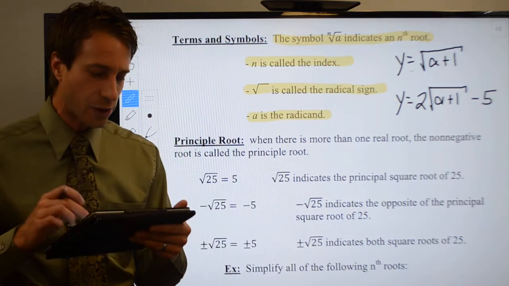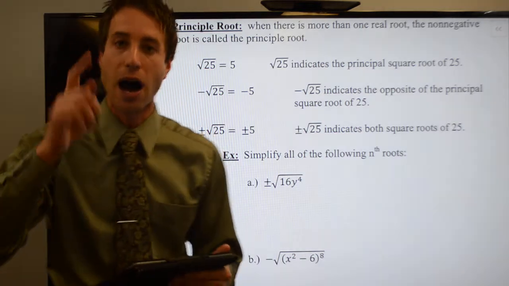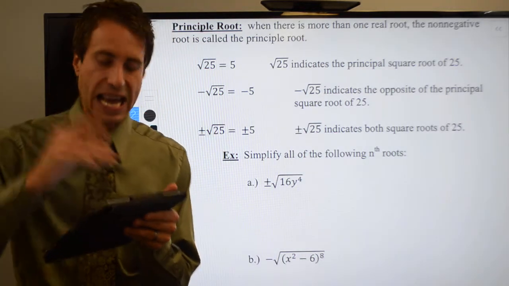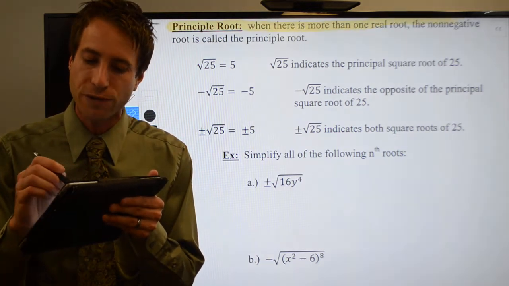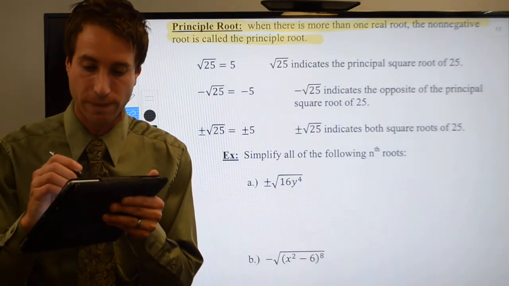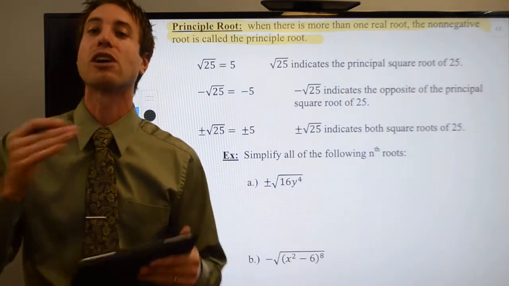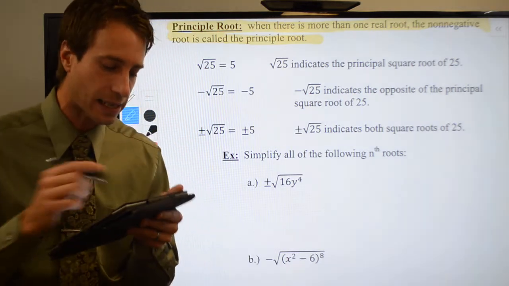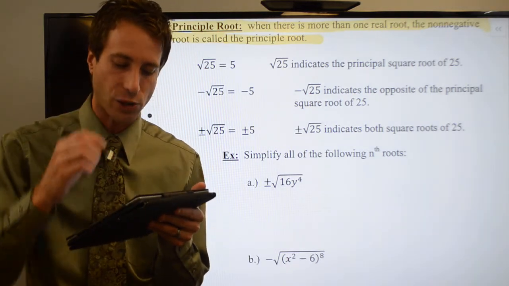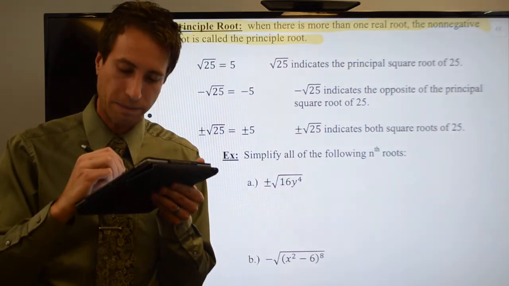And then this other last little piece here before we actually get to simplifying is this idea. In previous chapters and sections, whenever you've taken a square root, you've always had to do plus or minus, right? And we know why that is. The reason that you always have to do plus or minus, let me make a quick little note down here, is this.